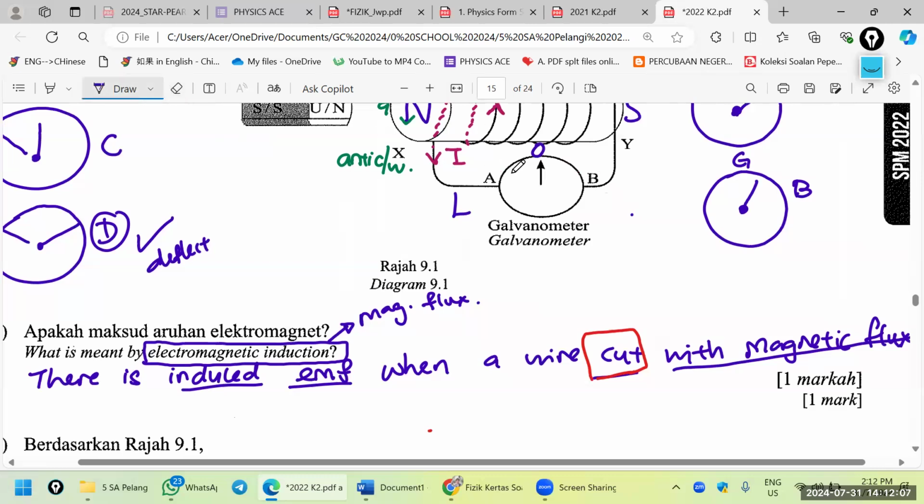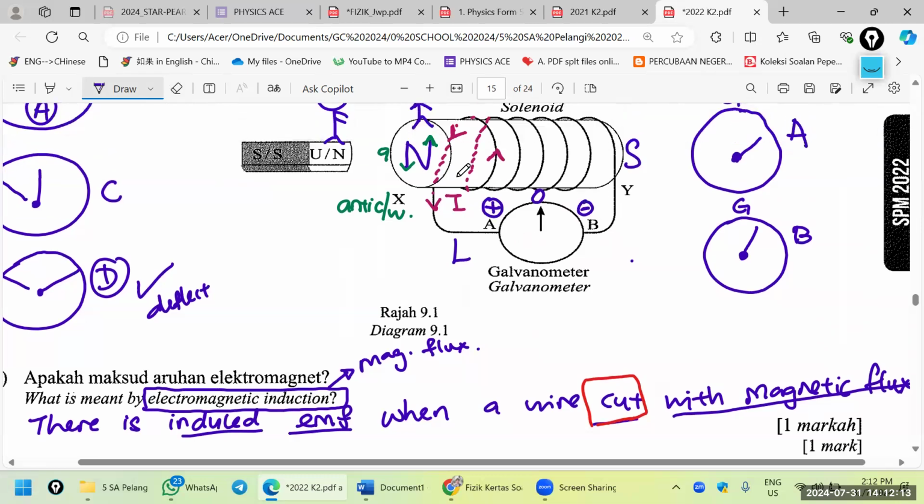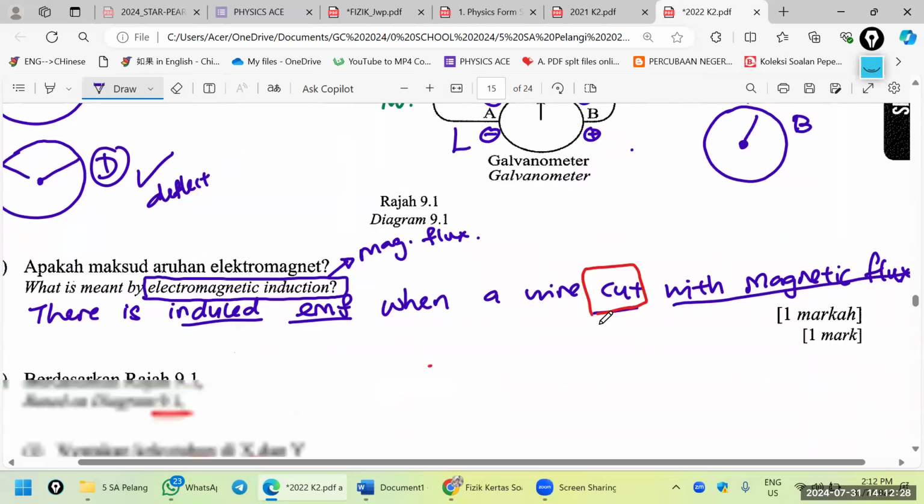Because on the galvanometer also got positive and negative. So if you connect here positive, negative, yes, it will go to the right hand side. But if you connect negative to positive here, yes, it will go to the left hand side. As long as you say there is deflection.